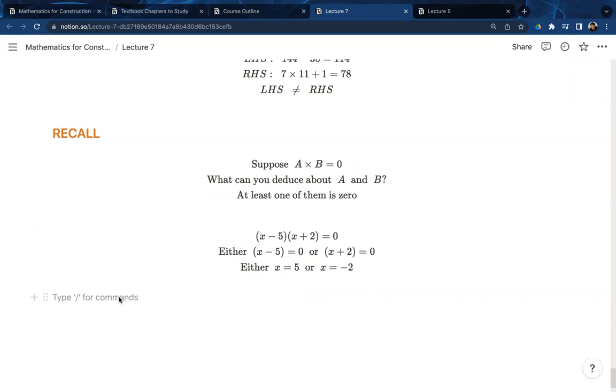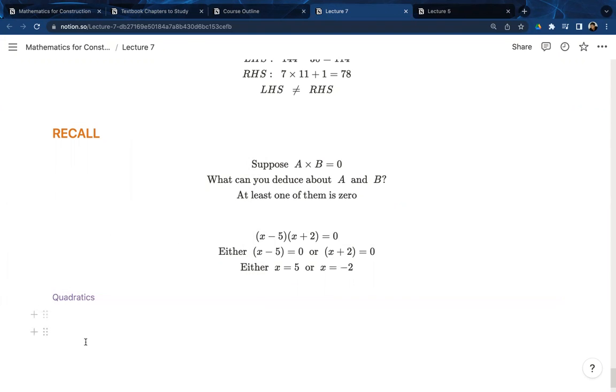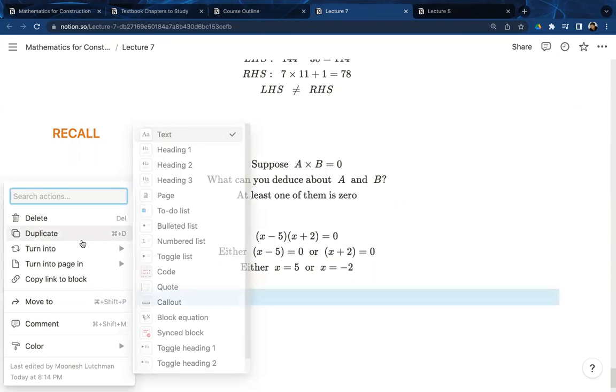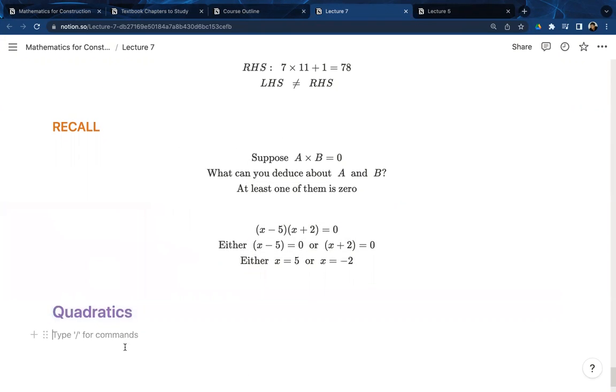So let's look at some quadratics, right? So what was a quadratic? What's a quadratic? Let me get some notes here for this thing. Right?